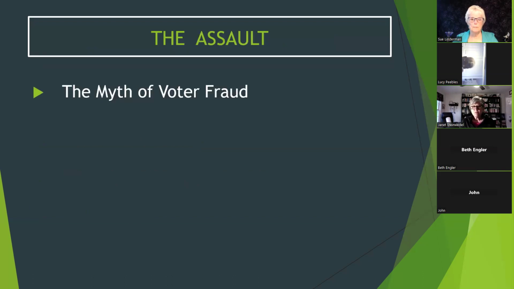And so what happened? Well, the actions that were taken in the years since 2013 have been based on the myth of voter fraud. There was a constitutional law scholar at Loyola University, Justin Levitt, who did a study of all of the ballots cast in US elections from 2000 to 2014.